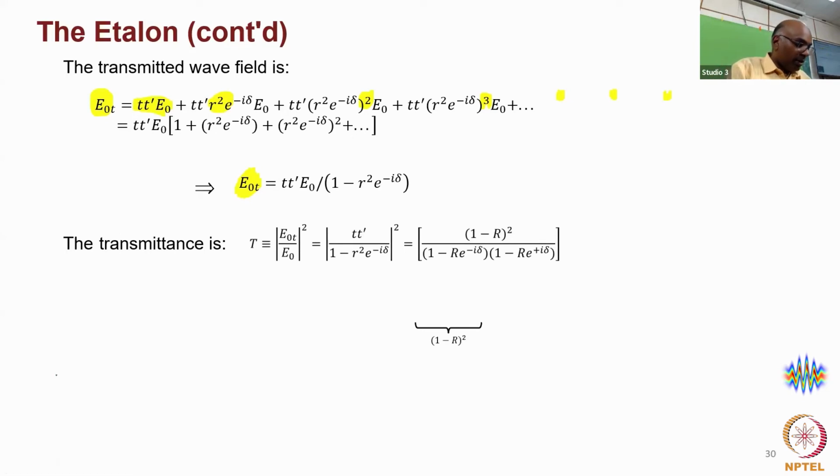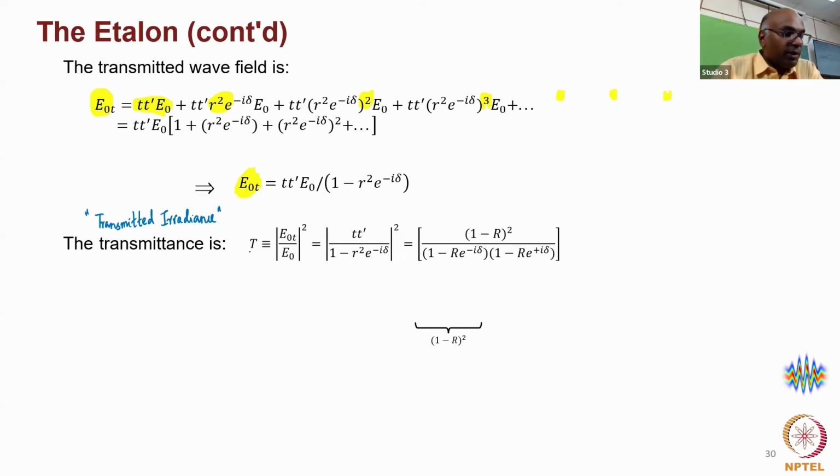Welcome to optics terminology. So this is essentially transmitted irradiance, but you may also come across this as transmitted intensity or transmitted power, all of which are similar quantities, is the following.